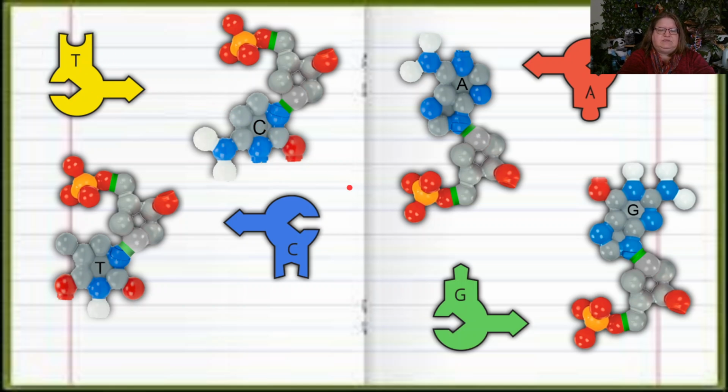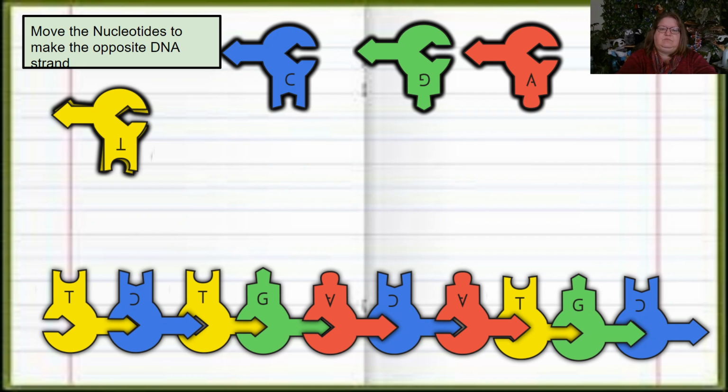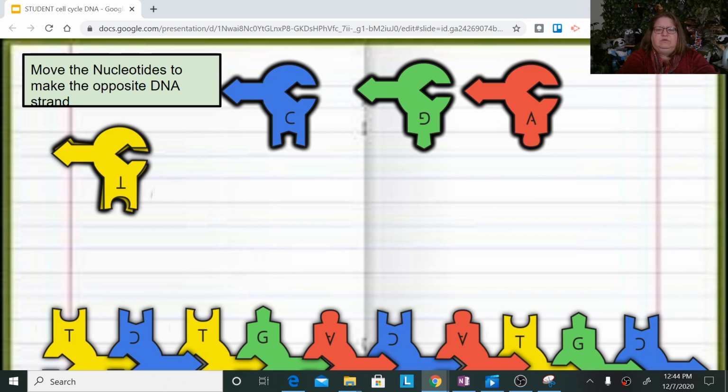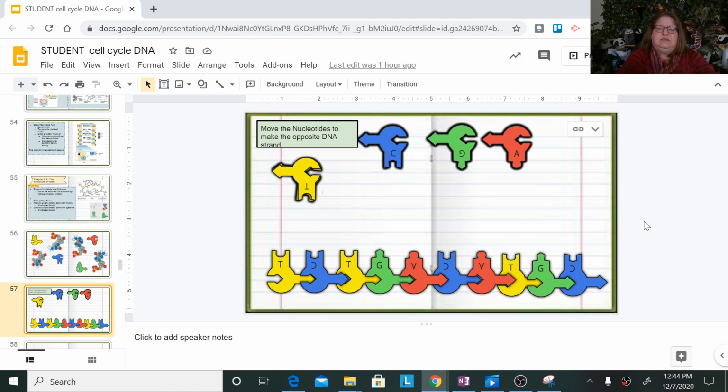And just like pieces of the puzzle, the arrows are always going to go in the empty arrow spots. So what I want you to do, and you can do this together as a class, is remember our base pairing rules. I want you to go through this strand. Here is one strand of DNA, and we're just going to practice our base pairing rules.